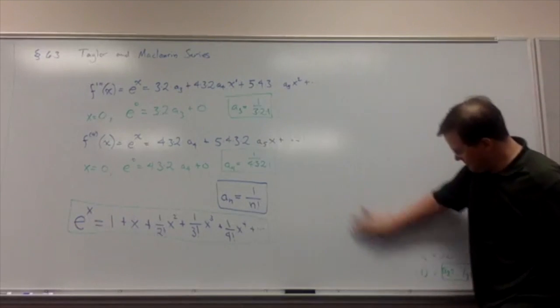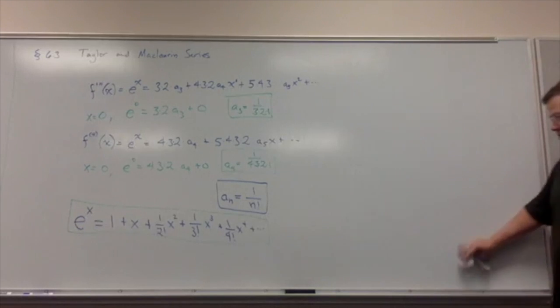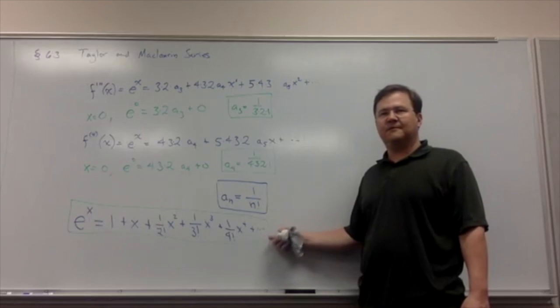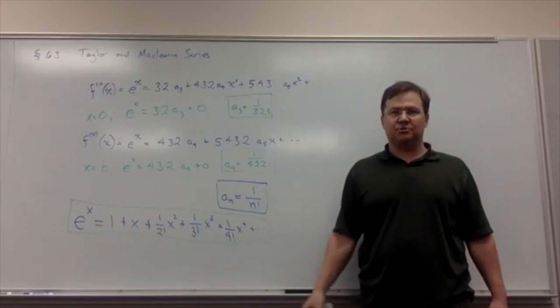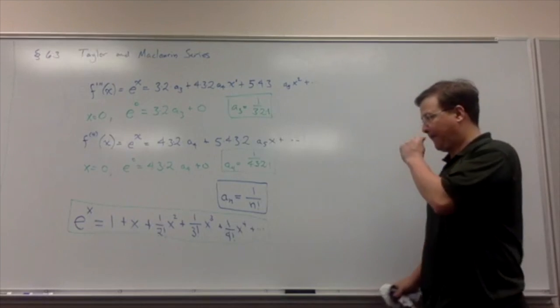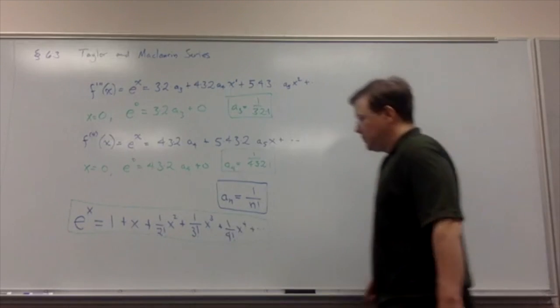For that same reason, I'd like you to know this, but I'd also like you to know where it's valid. For what values of x is this true? So let me write it down.